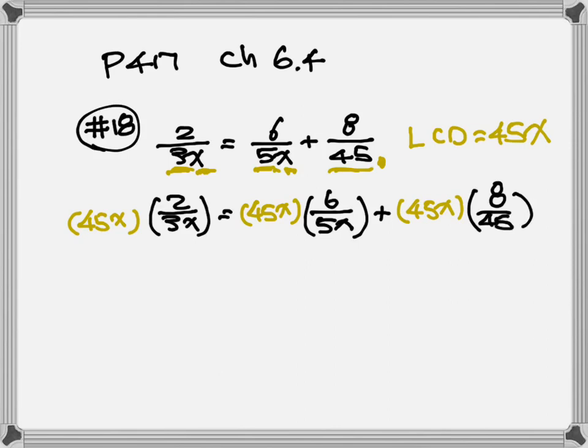The reason we're doing this is because we want to cancel out the denominators so we don't have to work with fractions. Okay, so here you can see 3 can go into 45 15 times.